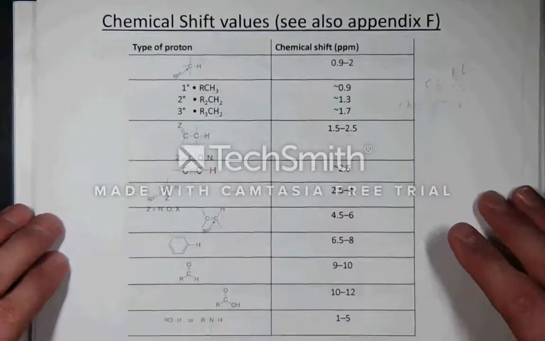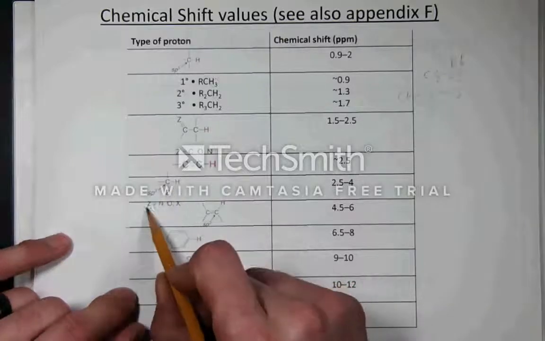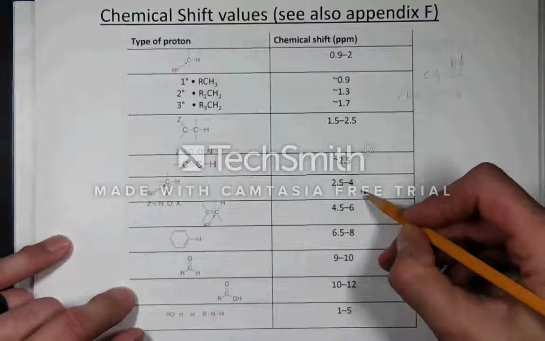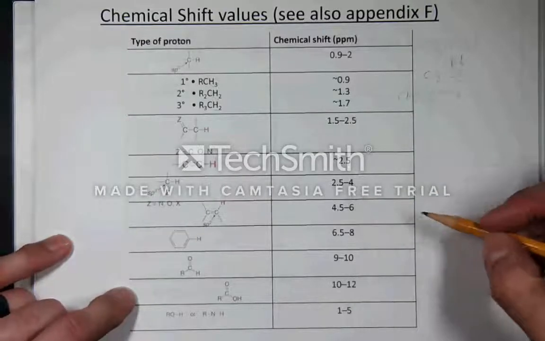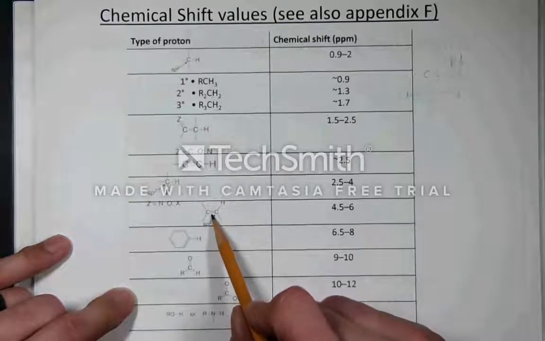Okay, so here we see the electron withdrawing effects of these heteroatoms, these nitrogen, oxygen, or halogens, and it shifts them downfield. Okay. We also talked about the effect of pi electrons shifting these guys downfield.